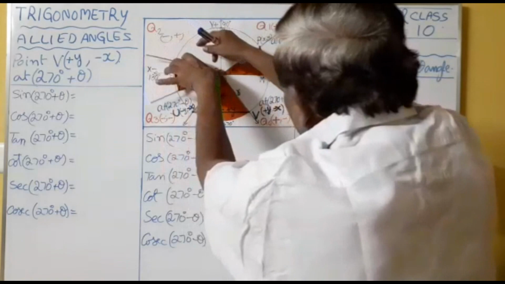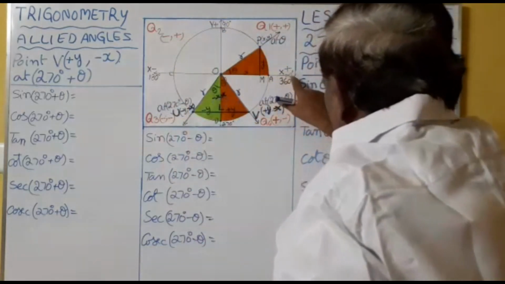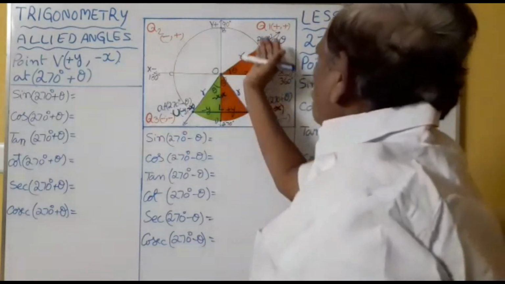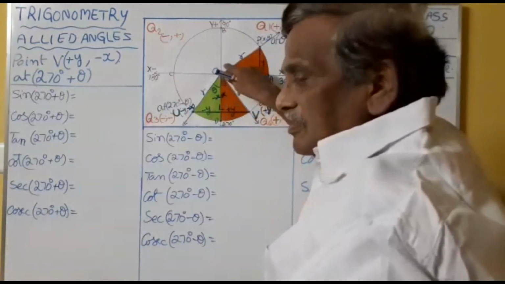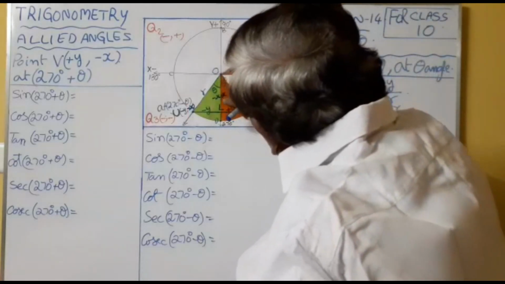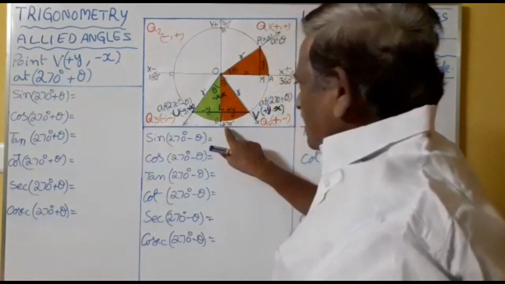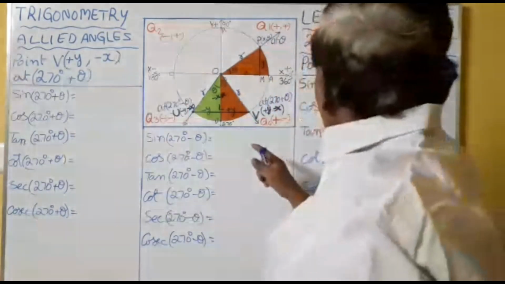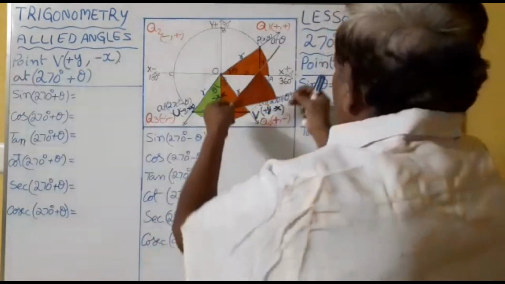To rotate through 270 degrees means the ray OA at 0 degrees, after rotation through 270 degrees, takes the position OD at 270 degrees.